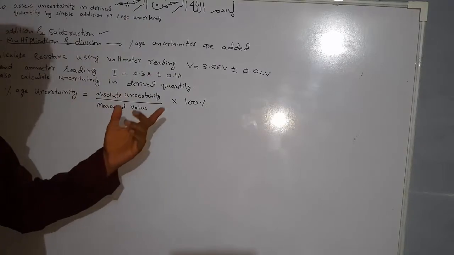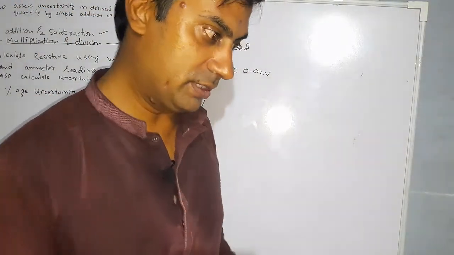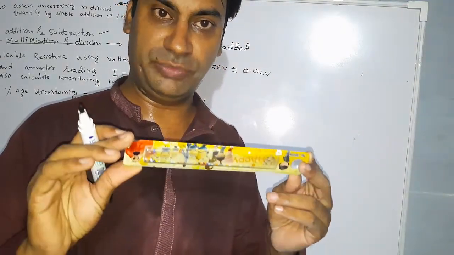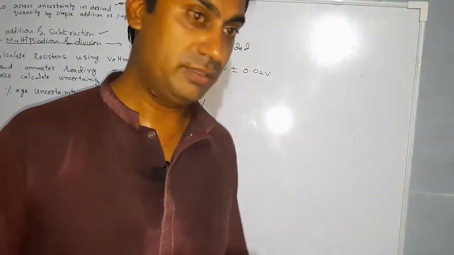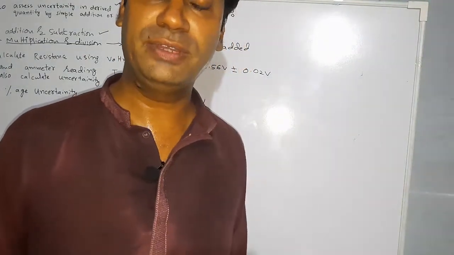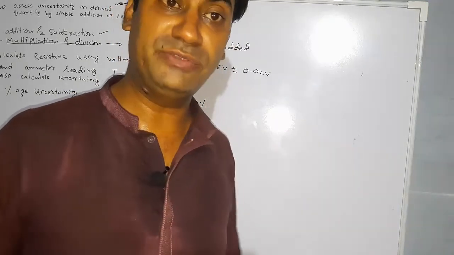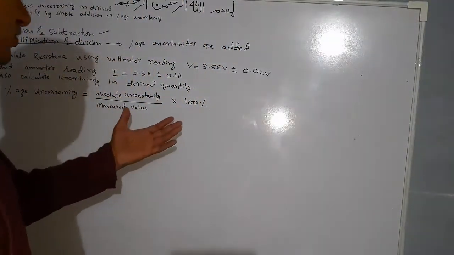The absolute uncertainty for a specific instrument, such as the meter rule or measuring tape, is 0.1 centimeter. For the vernier caliper, it is 0.01 centimeter, and for the screw gauge, it is 0.001 centimeter. Likewise, we have some uncertainty in the final reading.